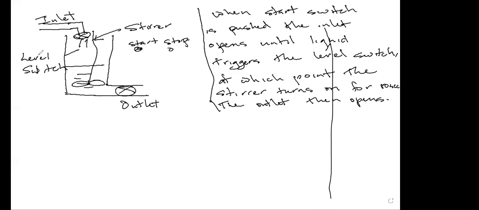So this is a sequential process. And if it's a sequential process, meaning that one thing happens, then the next, then the next, then we can use a finite state machine and digital logic to control the process.